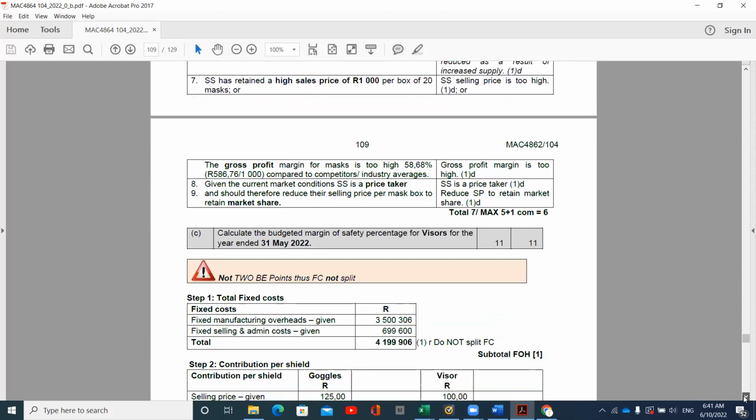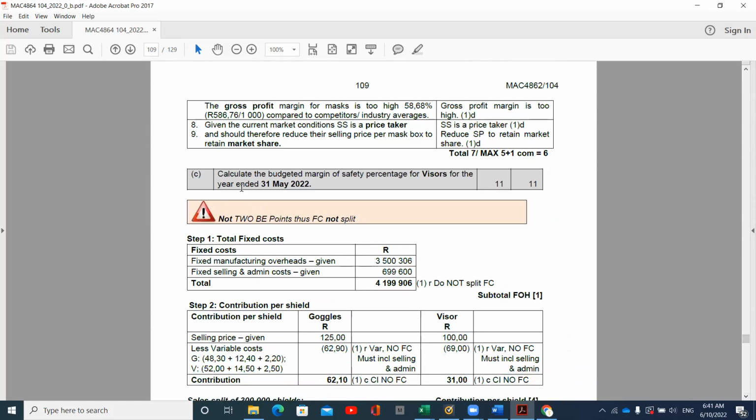So I'll do part C. Okay, so part C says, we first need to read the scenario. Calculate the budgeted margin of safety for visors for the year ended 31 May 2021. Calculate the margin of safety percentage for visors for the year ended 31 May 2022.